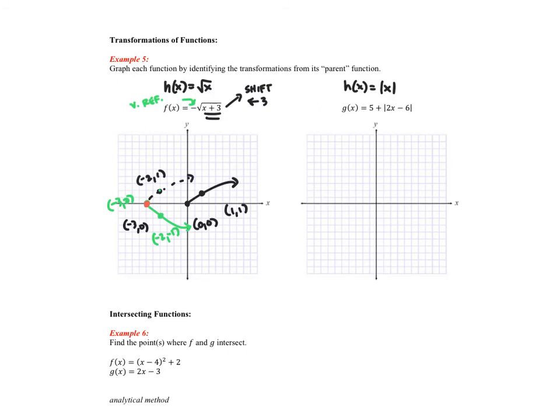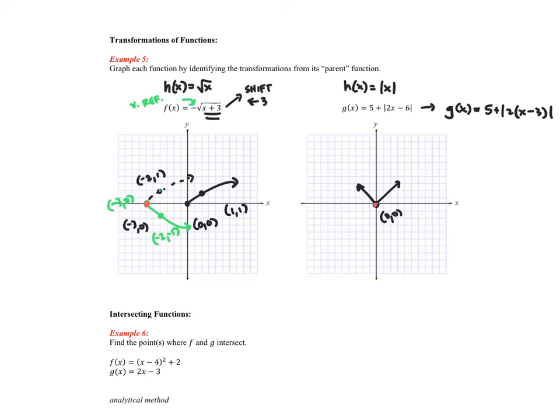Same is true over here for h of x, right? So the absolute value of x, it's got what I would call its vertex right here at 0, 0. Now I'm going to shift that vertex around. So the first thing I'm going to do is take g of x and reorient it just slightly, and I'm going to factor out a 2 inside the absolute value.